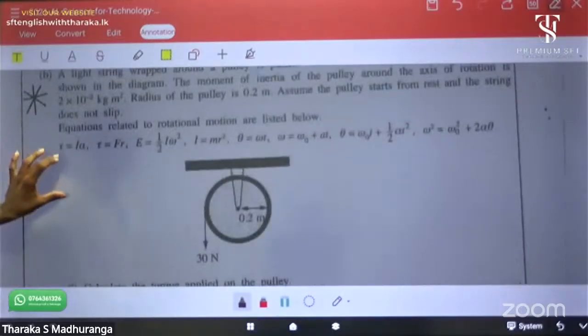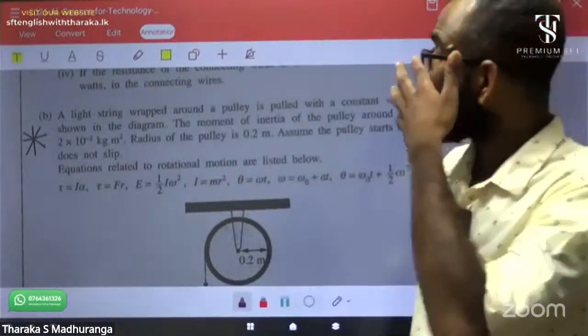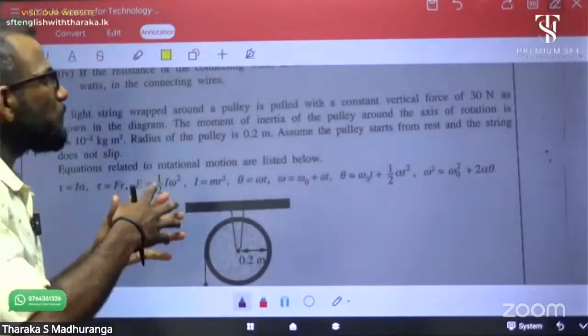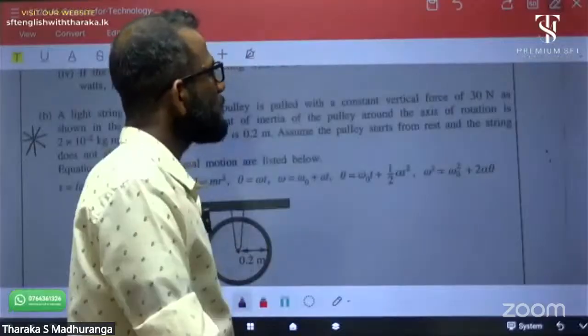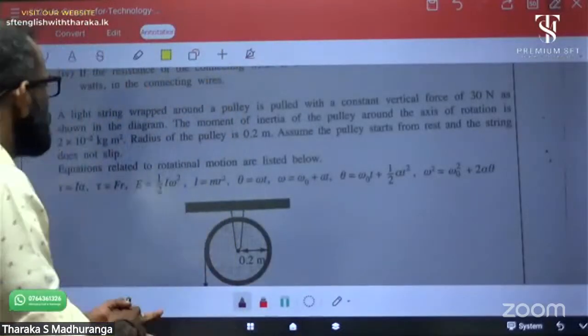Okay, let's complete this one. A light string wrapped around a pulley is pulled with a constant vertical force of 30 Newton as shown in the diagram.